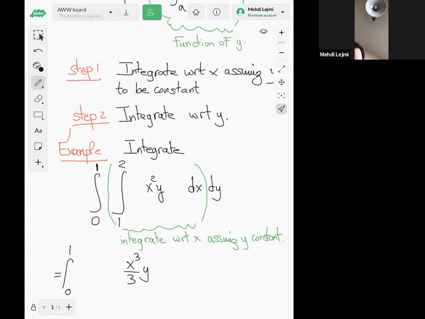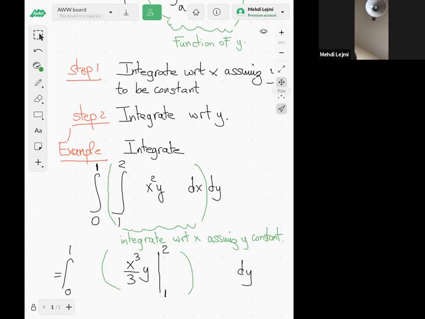This is evaluated from 1 to 2, and then there is this dy here, right? So first you substitute x by 2, and then you substitute x by 1, right?